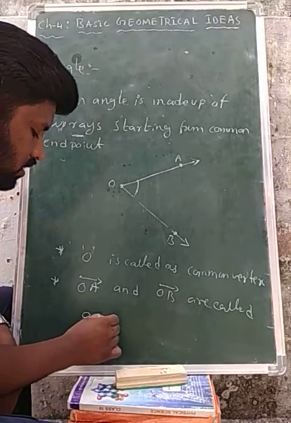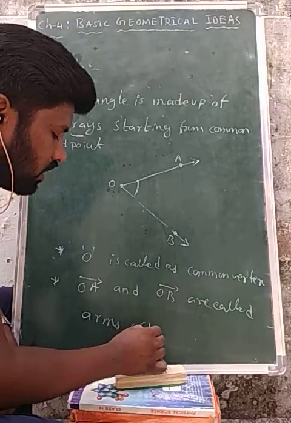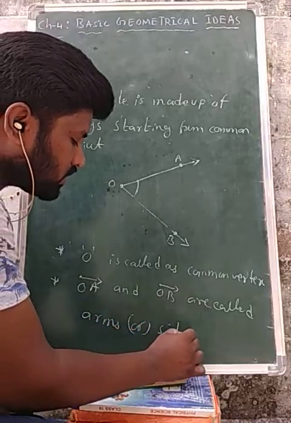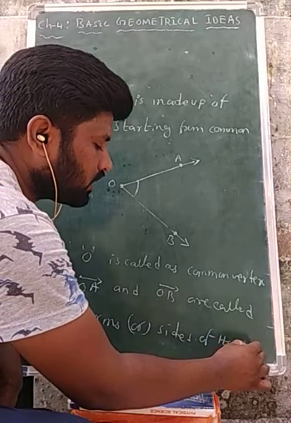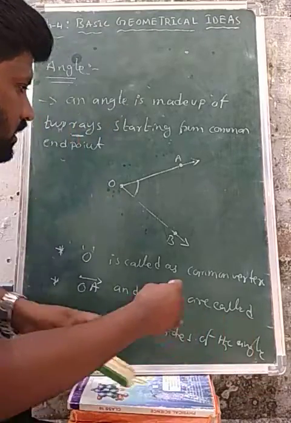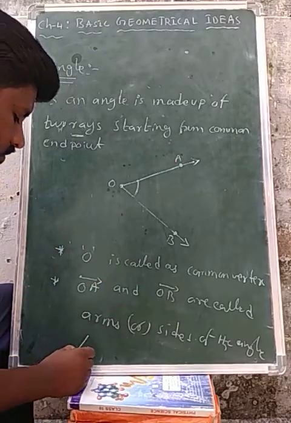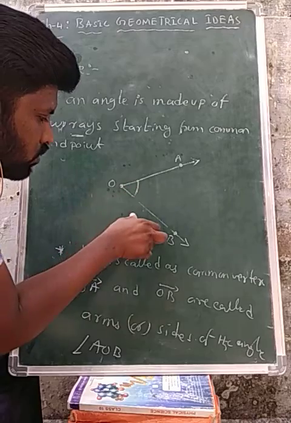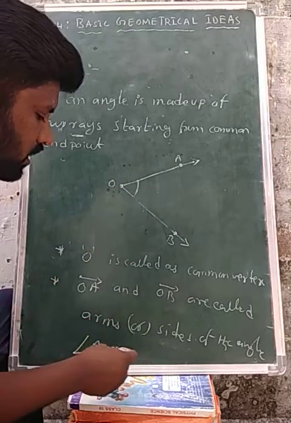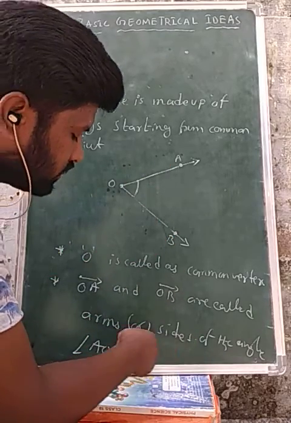Arms. Arms of the angle, or sides of the angle AOB. OA and OB are called arms or sides of the angle AOB.